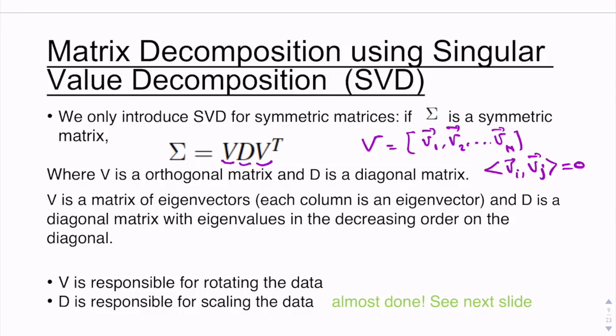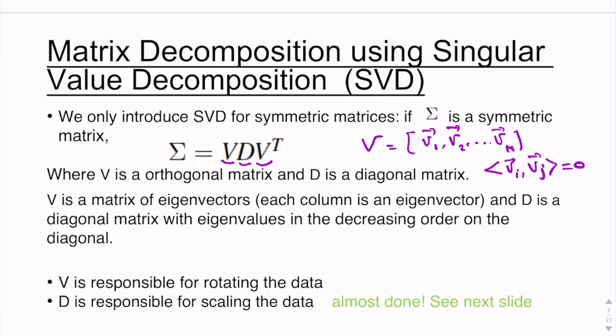And also, another way of looking at eigenvectors: if you multiply an eigenvector by a covariance matrix, the matrix from which the eigenvector is extracted, this transformation only scales the eigenvector.